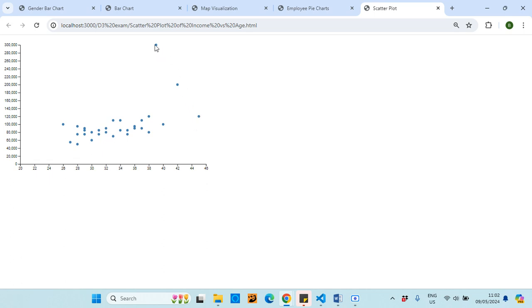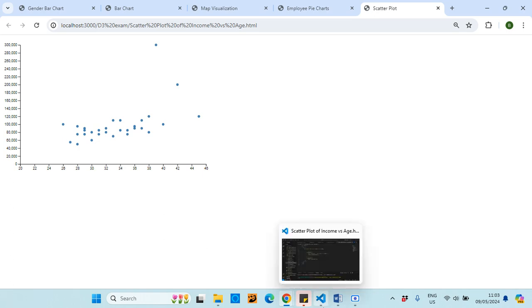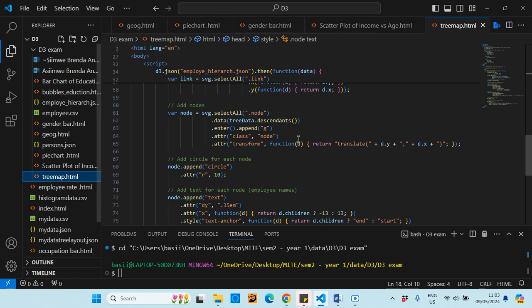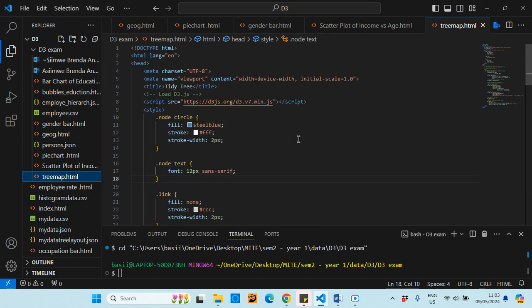Around the 40s is where I think income increases a bit. But basically in the 30s, it's average. Mediocre people have basically the same income distribution. That is what I got from this visualization right here. Then we go on to the next, which is going to be a tree map.